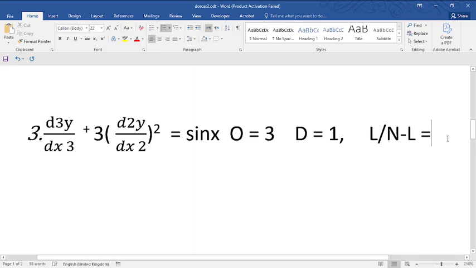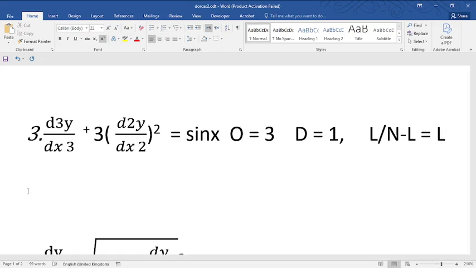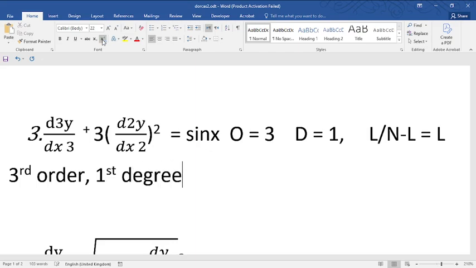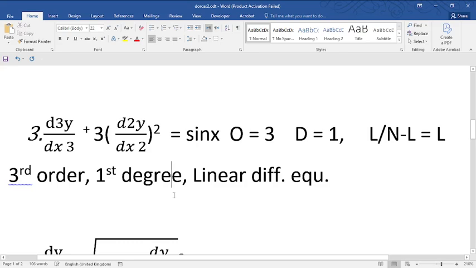Since our degree equals to 1, it is going to be what? It is going to be linear. So the name of this kind particular equation is going to be what? Is going to be third order, comma, first degree, comma, linear differential equation. So that is for the third question.